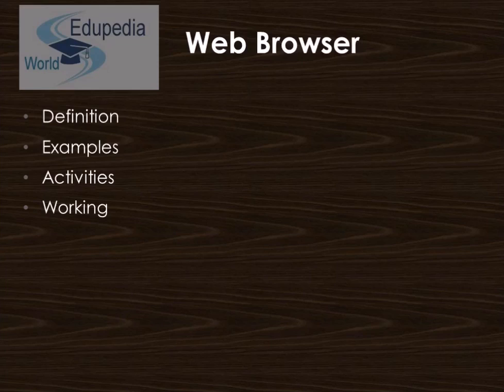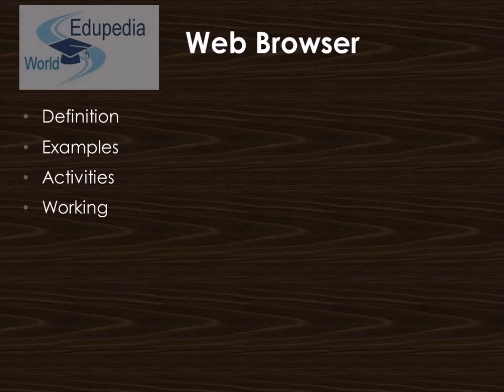A web browser, commonly referred to as a browser, is a software application for retrieving, presenting and traversing information resources on the World Wide Web. An information resource is identified by a uniform resource locator and may be a web page, image, video or other piece of content.